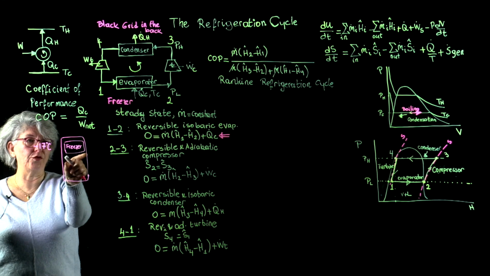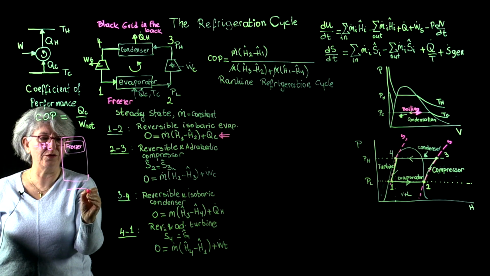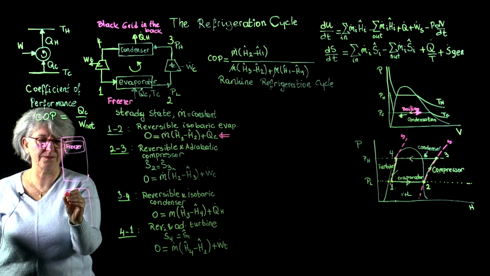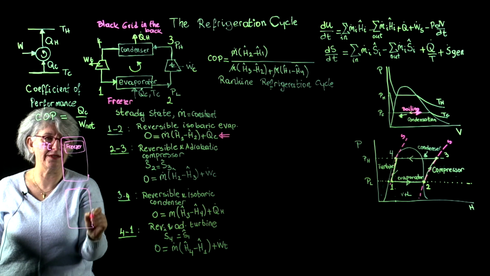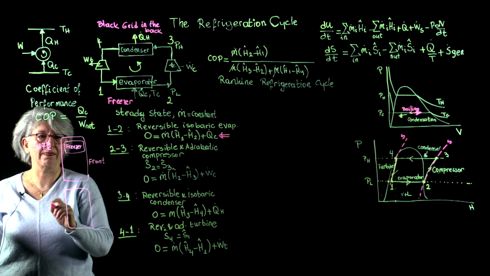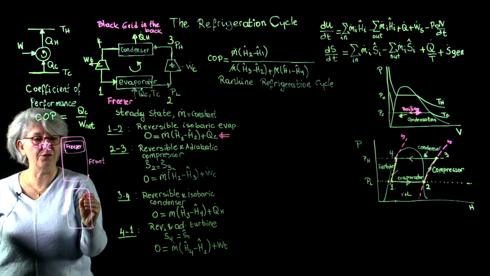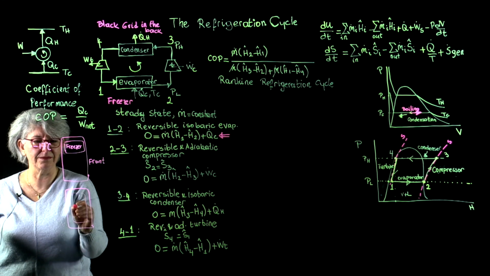Now this is the front view of your freezer. The back view of your freezer, this is the front, right? In the back, in the older designs, you find a dark black grid, right?